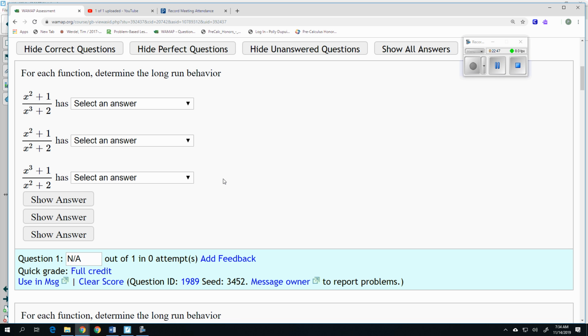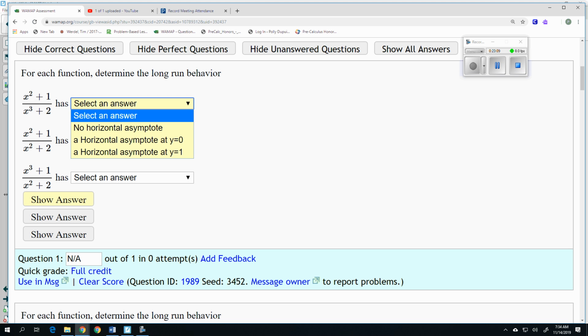Which is bigger, and where? In the denominator. So in the long term, if I put a really large number in and add 1 over a really large number, cube it and add 2, who's always going to be larger regardless? By a lot or a little? A lot, because of that cube. So if my denominator is always going to be larger, what kind of asymptote do you think I would have?